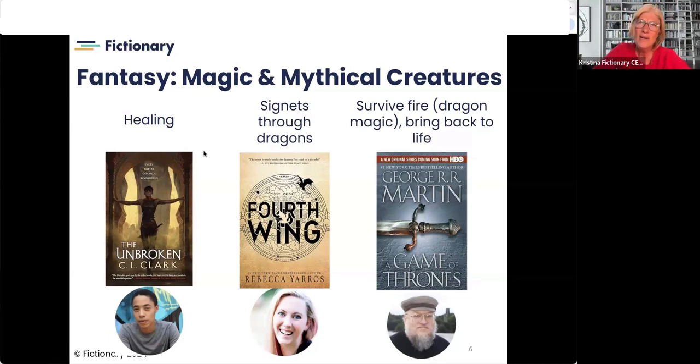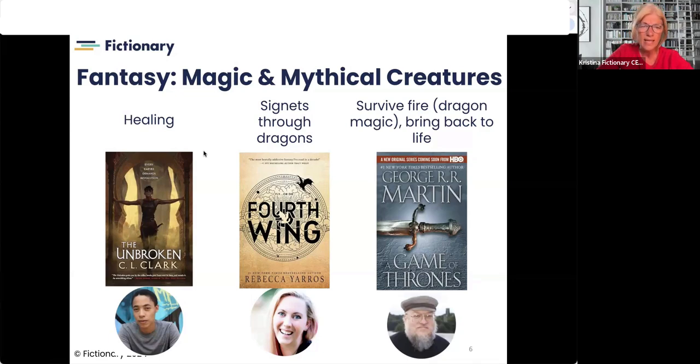So I chose these books because they're all commercially successful. They're all fantasy. Unbroken is a military fantasy. Fourth Wing is straight up fantasy with a really strong romance subplot, but not a romantasy. And then Game of Thrones is dark fantasy.